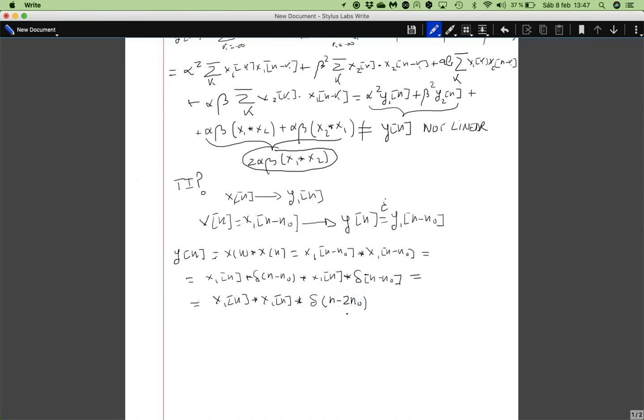So now, if we convolve these two terms, this will be x1[n] convolved with x1 delayed the same amount as the delta, so delayed 2 n0 units.